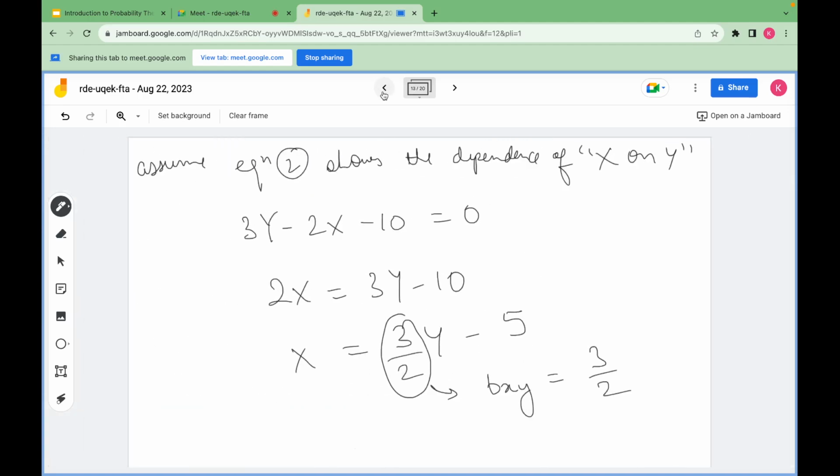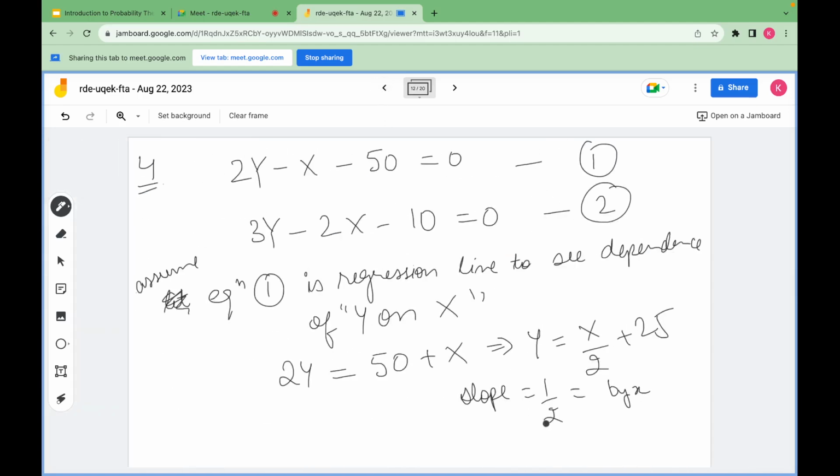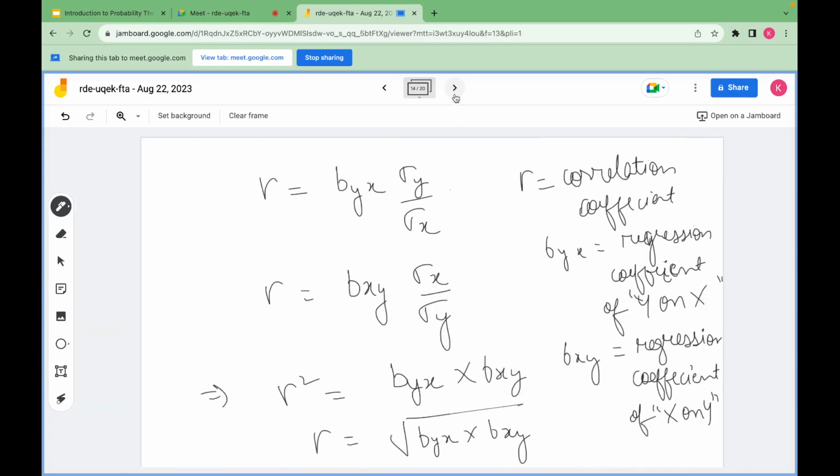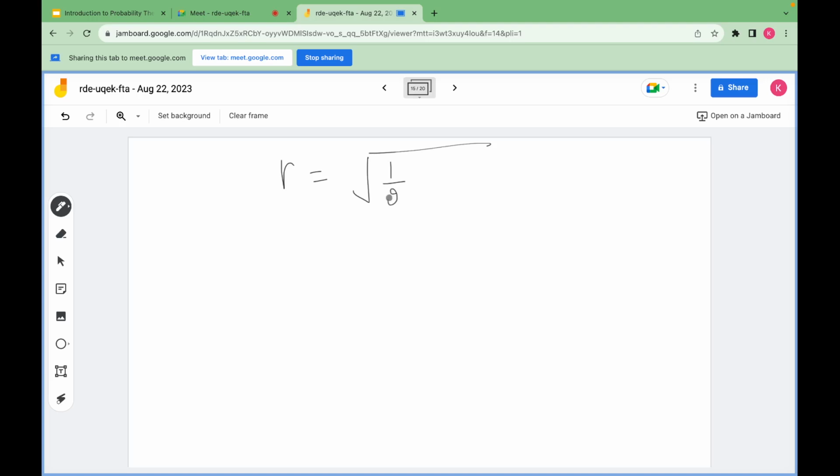So byx is 1 by 2 and bxy is 3 by 2. R is equal to root over 1 by 2 into 3 by 2, which is approximately equal to 0.866. Okay, so we got this value. I hope you understand the problem.